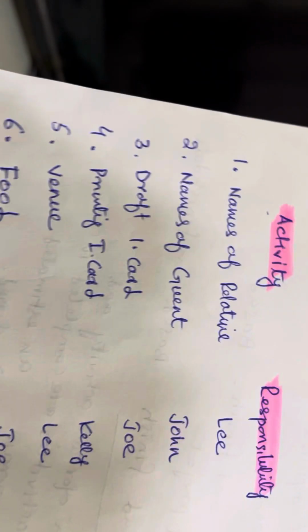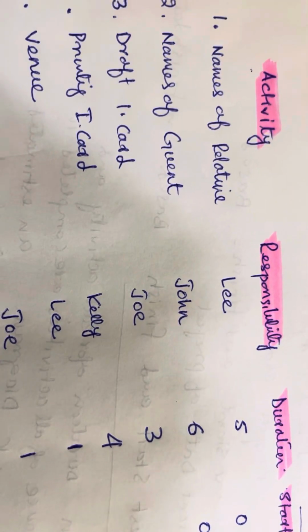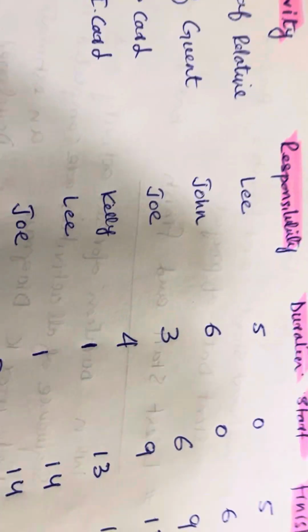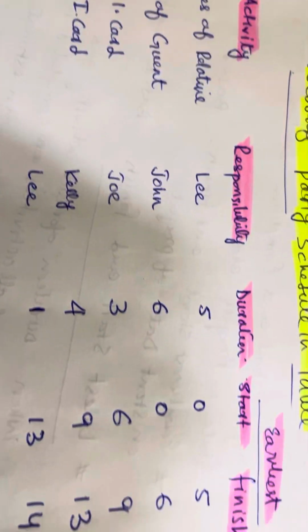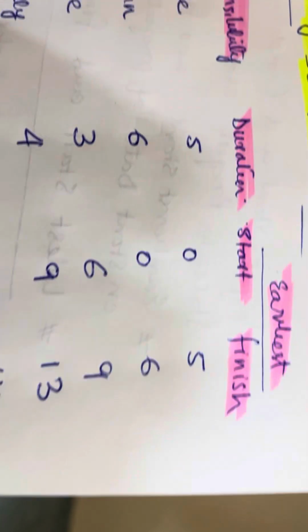So the third one is draft of invitation card. Joe is responsible for this. You can use P for responsibility in the table. It will take 3 days, and here is the thing.